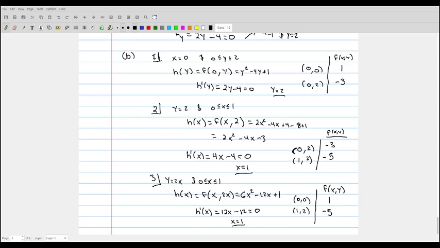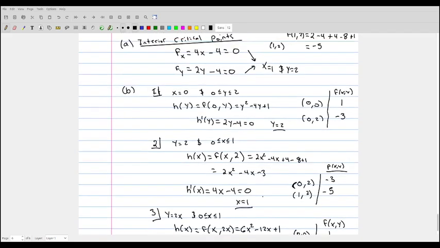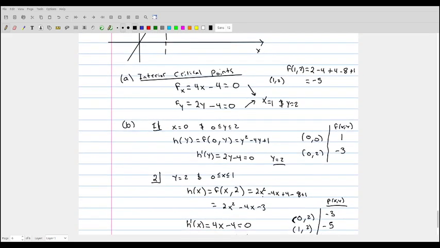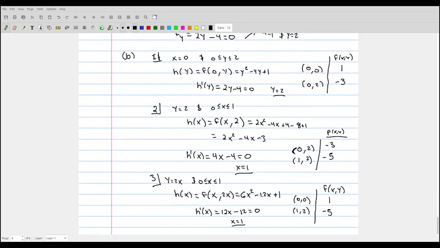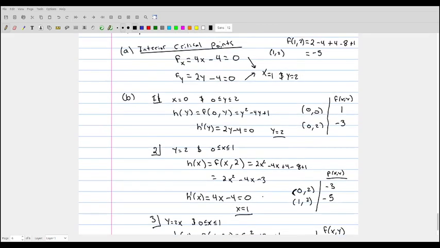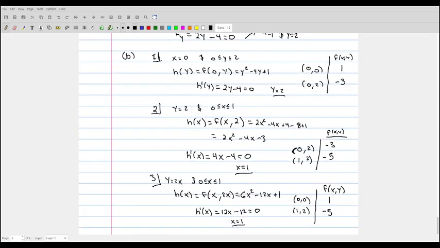So the final step of this procedure is to compare the results from A to B. And you see that the lowest value out of all of the values we've calculated is the value of the function at the point 1, 2.